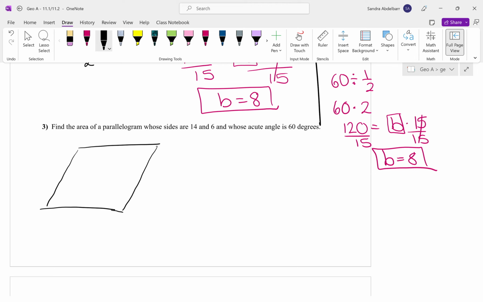It does not matter which side you say is 14 and which side you say is 6. So I will say 14 is here, 6 is here. It does not matter. All right, and then it says whose acute angle is 60 degrees. I am very strategically going to put my 60 degrees in this corner.